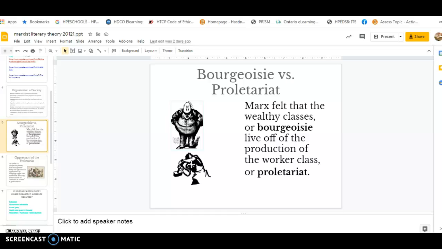But the interesting thing is that wages were often so low that the items the workers were making, they often couldn't afford themselves, therefore making the owners' profits higher. And even though there were many more workers than bosses, they often kept them at a disadvantage.